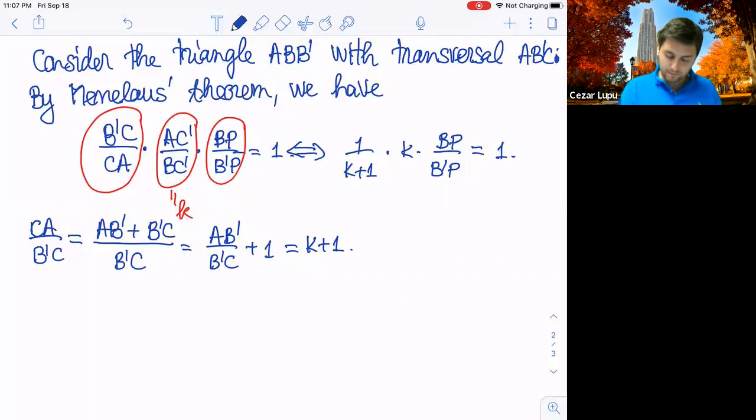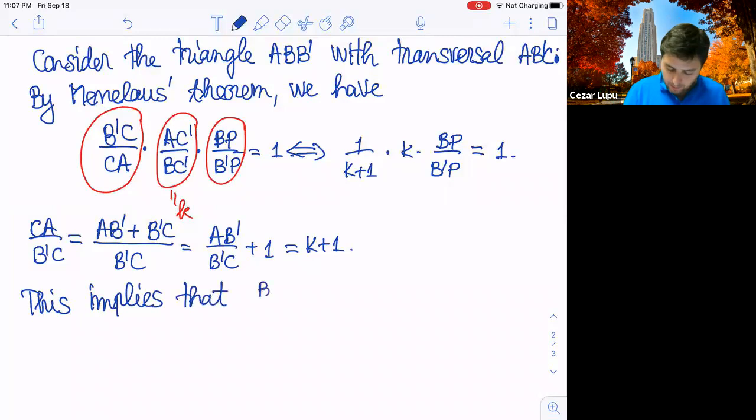So this implies that BP over B prime P is equal to K plus 1 over K, which is 1 plus 1 over K.